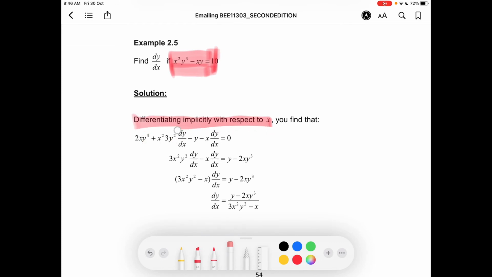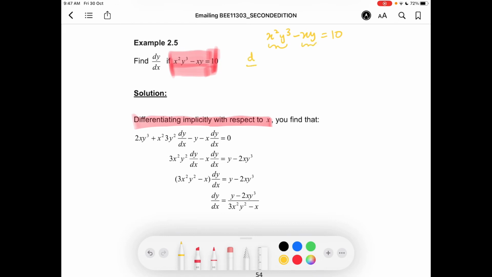Okay, so maybe I can show you step by step here. x squared y cubed minus xy equals 10. So we want to differentiate. If you look closely, we have a product of x and y here, x squared y cubed, and another product, xy.